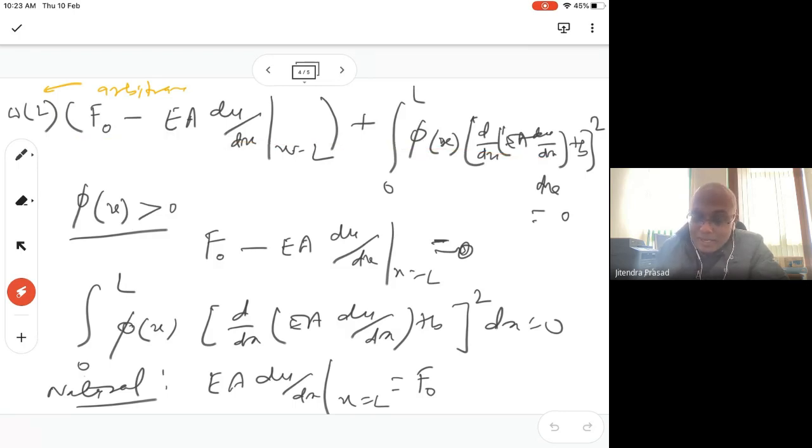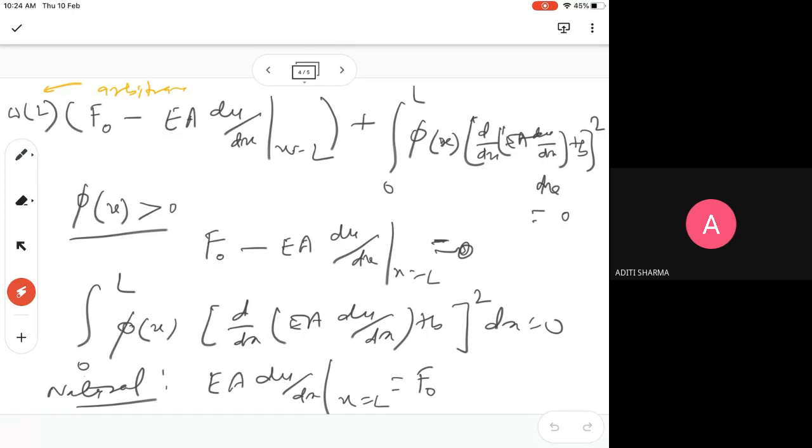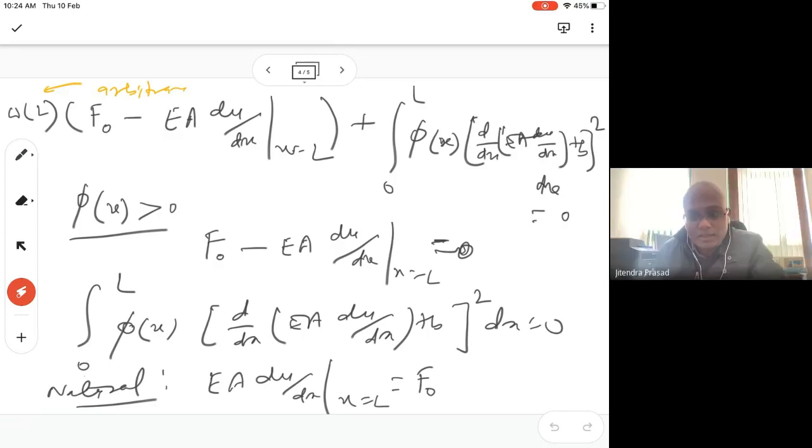If it is positive, for example, that means it has to be 0. Now, if it is coming negative, if you take this to be negative, then it has to be 0 as well. Both are up to you, positive and zero. W has endless possibilities, and it's up to you. Regardless of which W you take, this statement has to hold true. And phi x, we can take anything depending on what is coming that side. Okay, sir. That's why. You got it? Yes, sir.